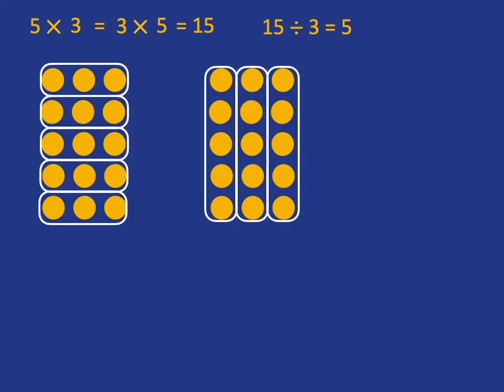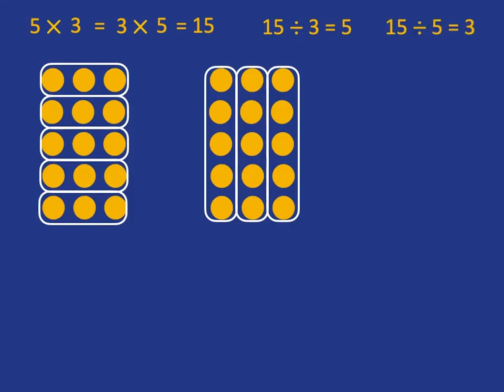Because 15 divided by 3 asks us how many groups of 3 are there in 15? And there are 1, 2, 3, 4, 5 groups of 3 in 15. So, knowing that 5 times 3 is 15 also immediately tells us that 15 divided by 3 is 5.